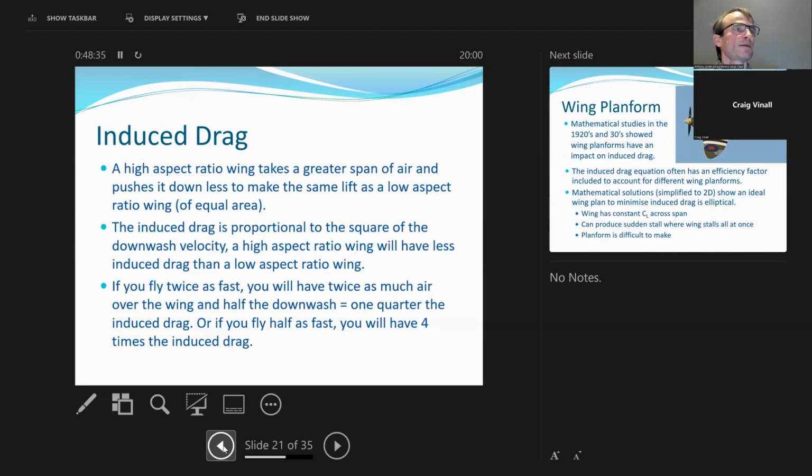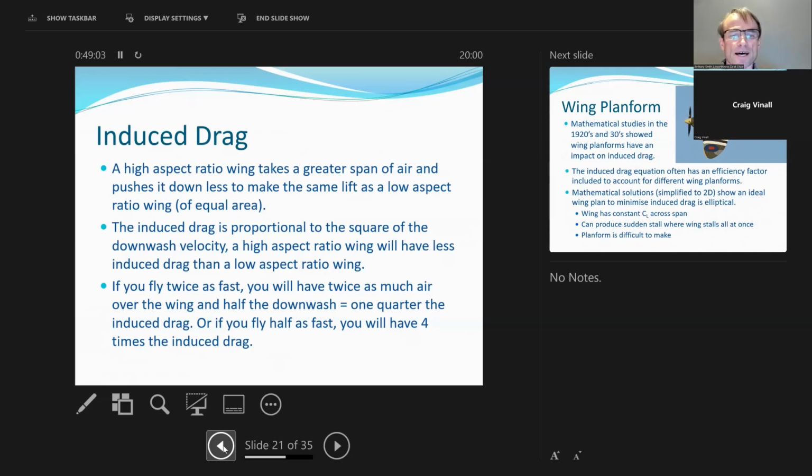You can take twice as much air and push it down half as much: half squared is a quarter, times twice the air, still half the drag. So by doubling your aspect ratio, you're going to halve your induced drag, which is why sailplanes have these phenomenally high aspect ratio wings and keep on trying to push that aspect ratio higher and higher. It reduces your induced drag.